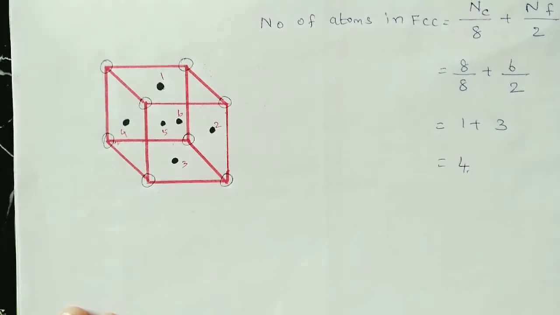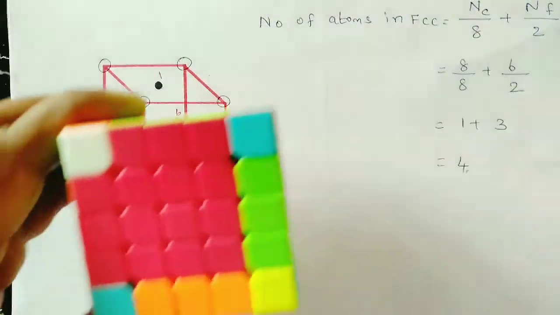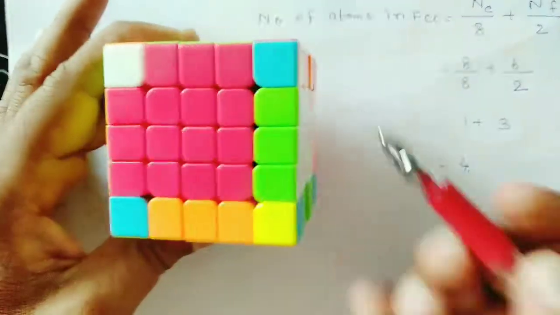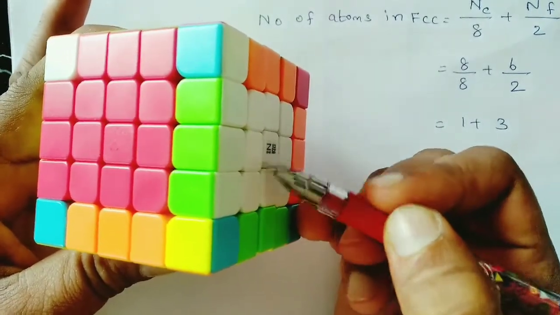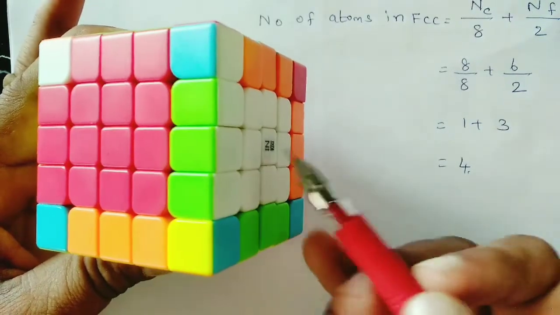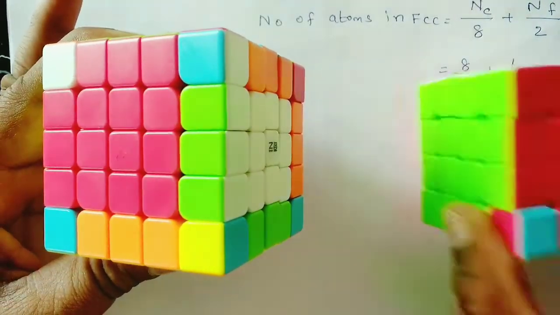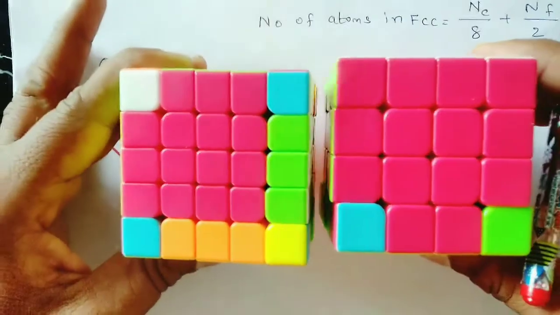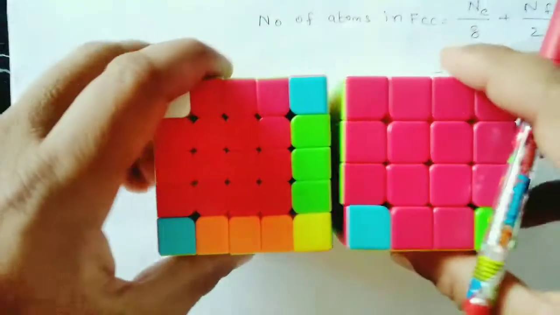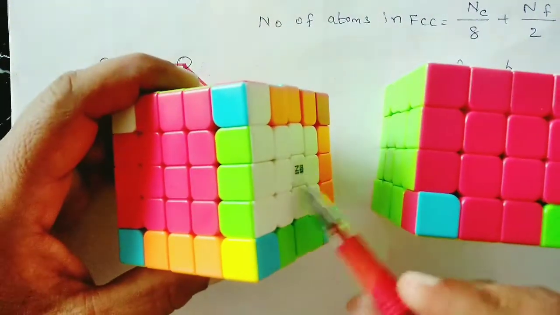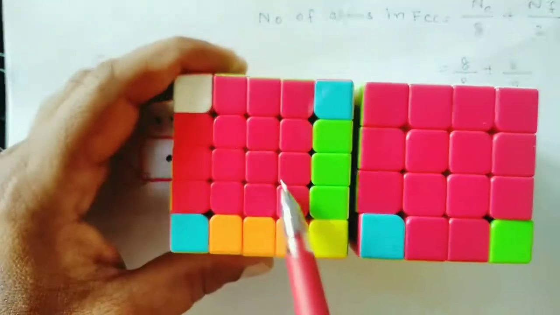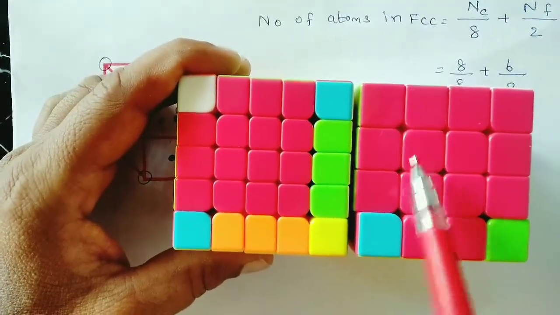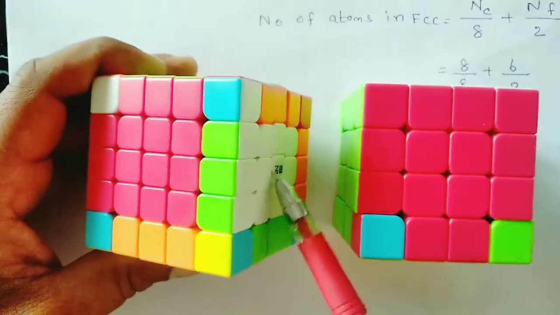Let us take that unit cell as a cube. In this cube, that is the atom in a face, a face centered atom. This face centered atom is attached to another cube. Here this atom is touching the neighboring face, so 2 unit cells are sharing the face centered atom.